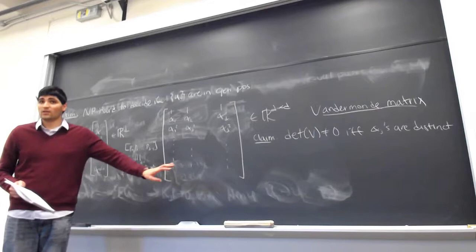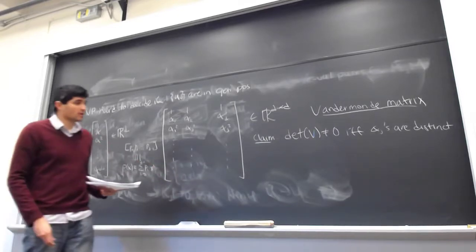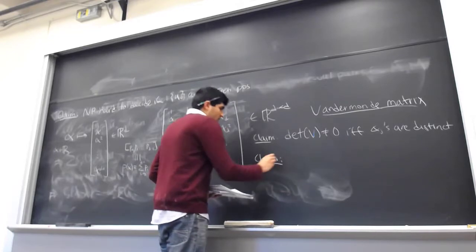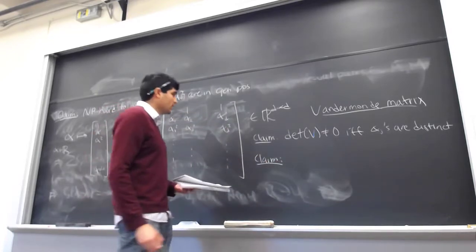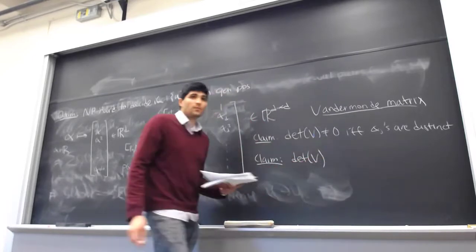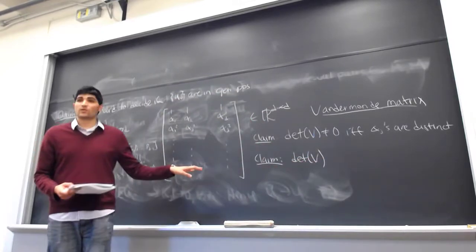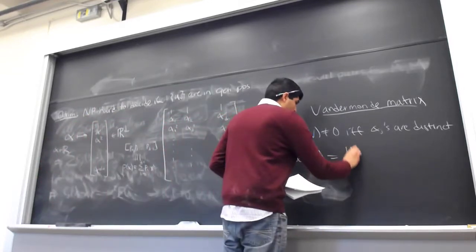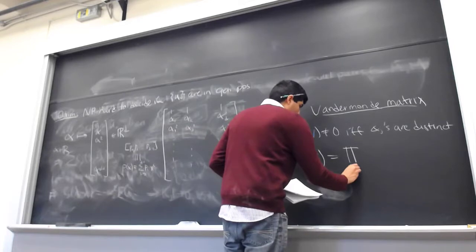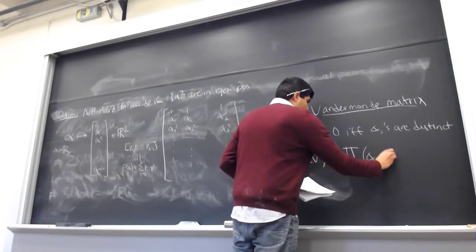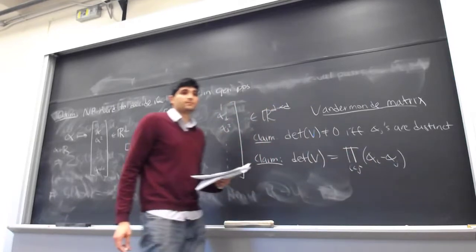So that's fine, right? They look not intuitive the first time you see it. And actually, let me make a further claim, which takes a little bit more to verify. It turns out that one of the reasons it's useful is that its determinant also has a really nice expression. Its determinant is expressible as the product over all i less than j of alpha i minus alpha j.